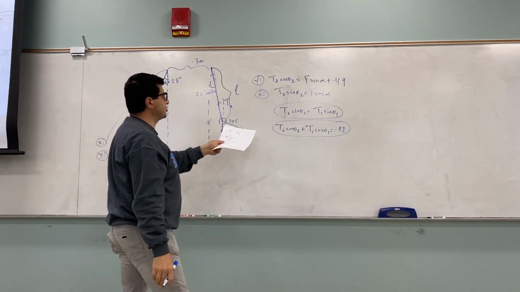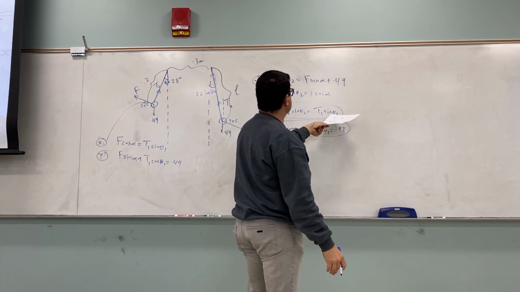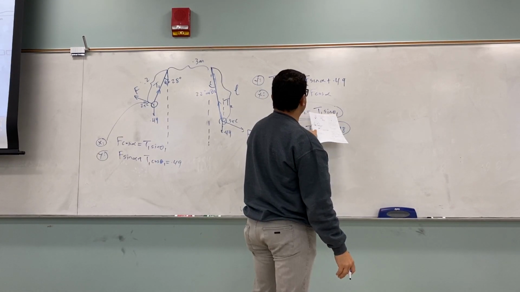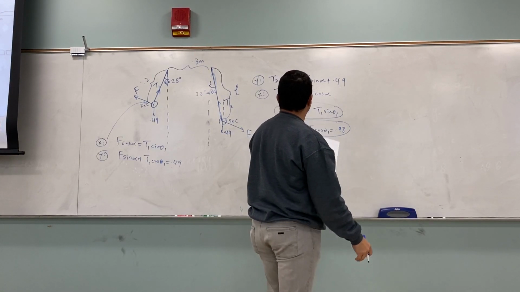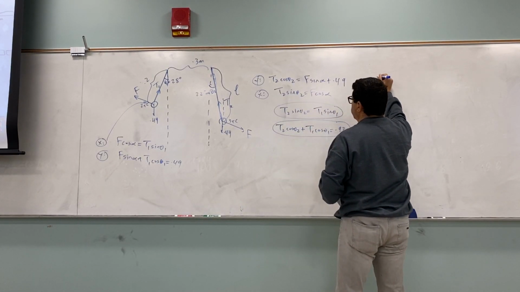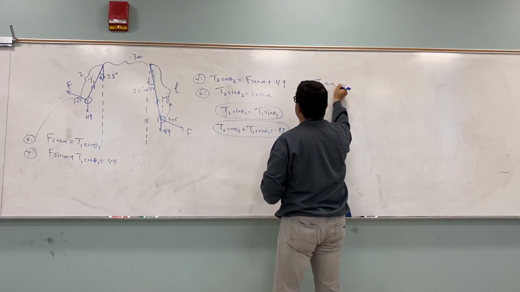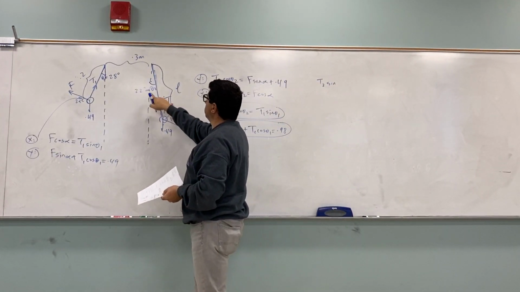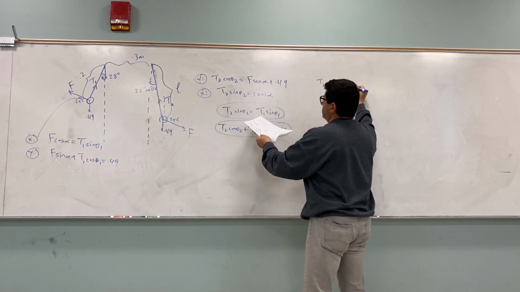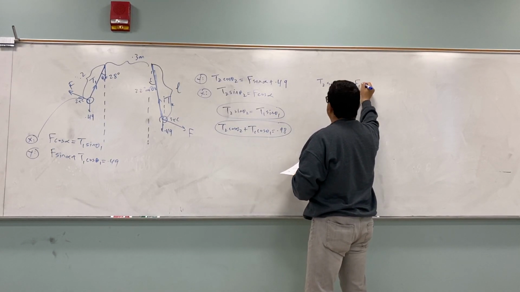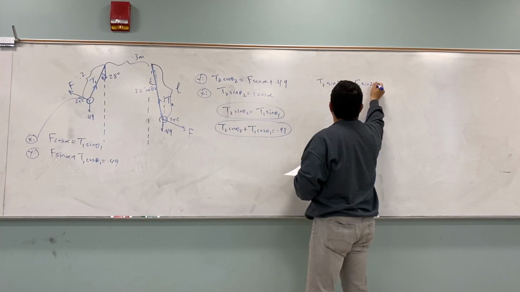Well, the tensions in the string becomes an easy problem, because if you know the two angles, then you just have two unknowns right here. So that becomes very easy. T2 sine of theta 2 becomes 22 degrees, T1 sine 28.